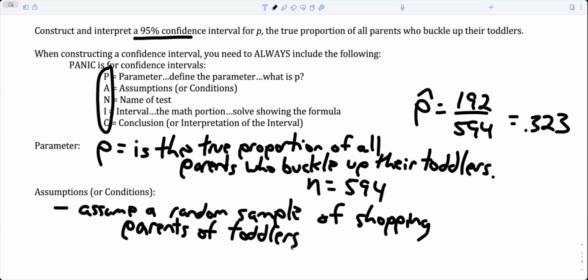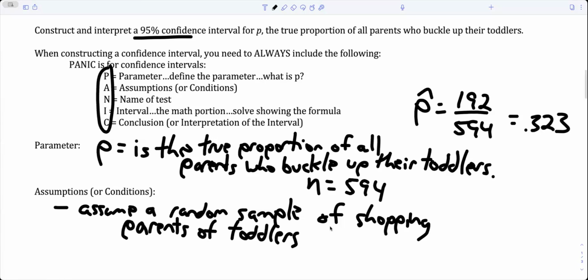It doesn't really say that in the stem of the problem, but it probably should. Normally they will tell you an SRS was taken or something like that, but we have to have that, otherwise we have biased data.